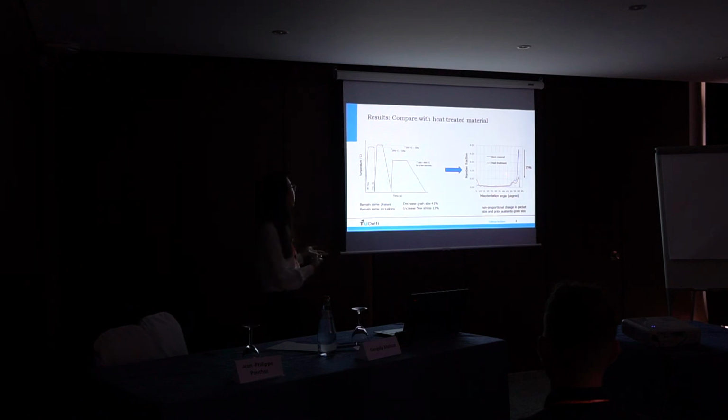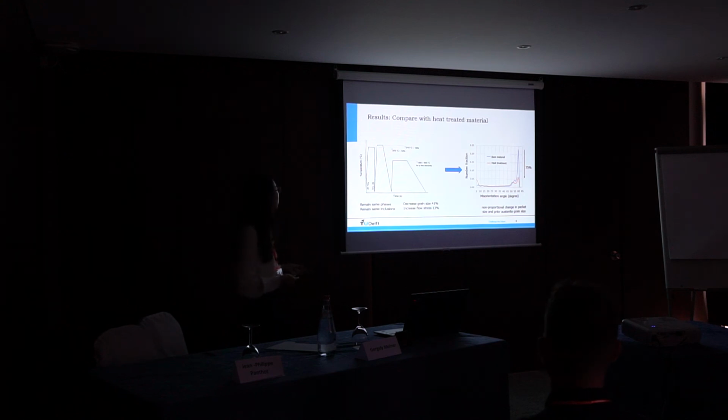For the prior austenite grain boundaries, they are in a range between 30 to 40 degrees. But we saw there is a large decrease for the very high misorientation angle grain boundaries, and those boundaries are the block boundaries and packet boundaries.